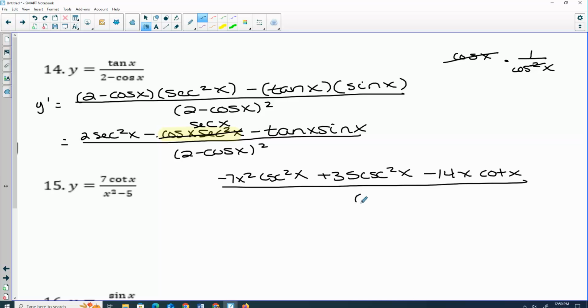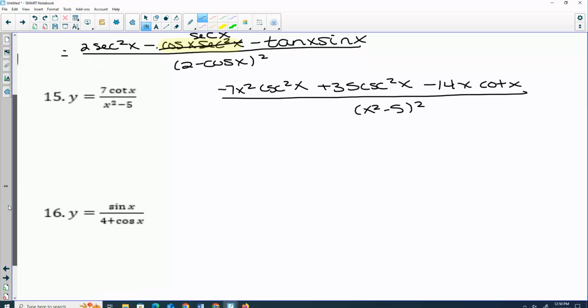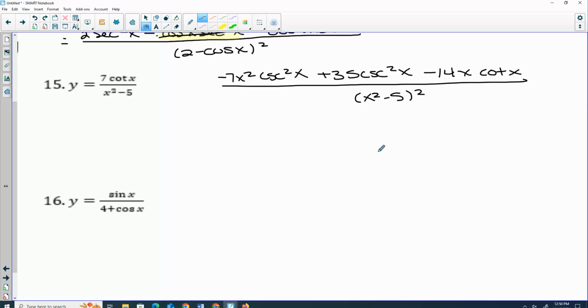Cosecant squared equals 1 over sine squared. Do I need to work that out? No. 16.